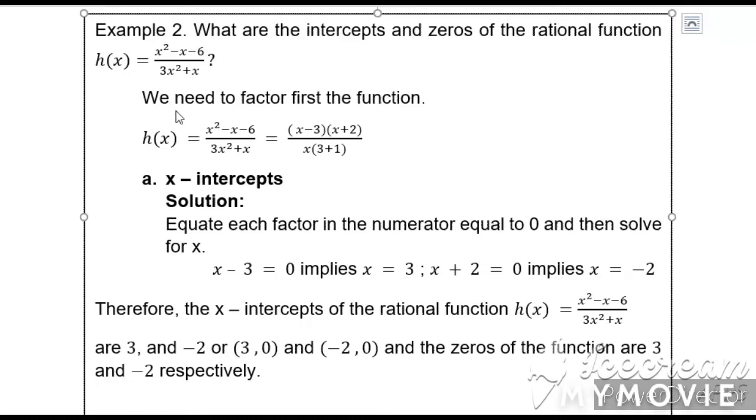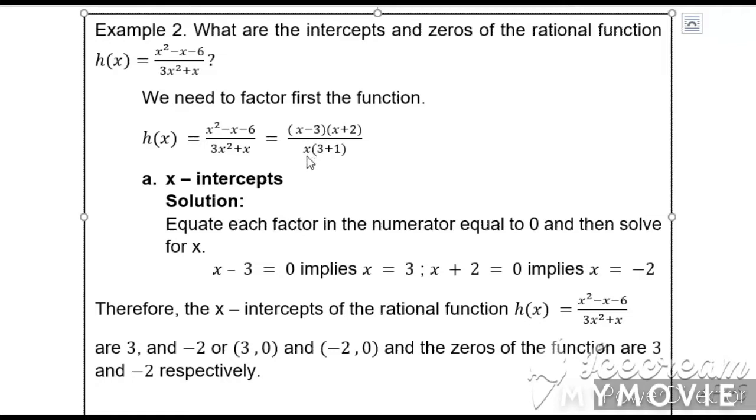So first, for our solution, we need to factor this first, the function h of x equals x squared minus x minus 6 all over 3x squared plus x. So we are going to factor out the factors of x squared minus x minus 6 are x minus 3 and x plus 2 all over the factors of 3x squared plus x.